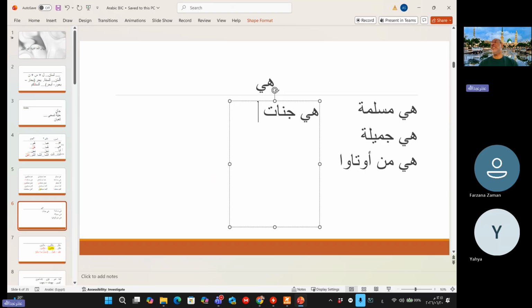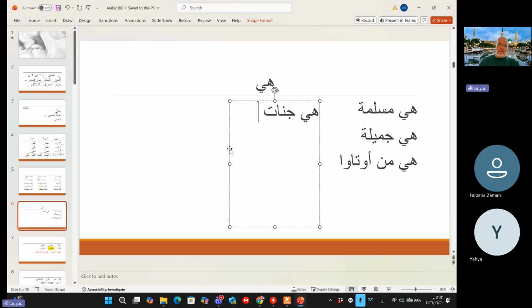Yes, we do not have it in the singular, but we have it in the plural, which English does not. This is quite interesting. For English, they will refer to both human and non-human, male and female. But in Arabic, if it is non-human, we have this pronoun.